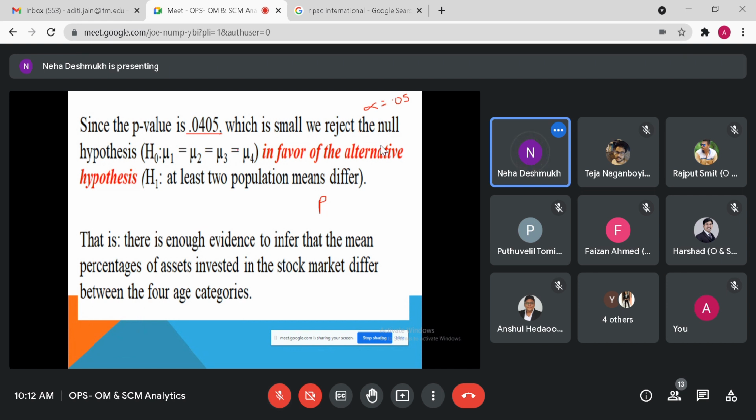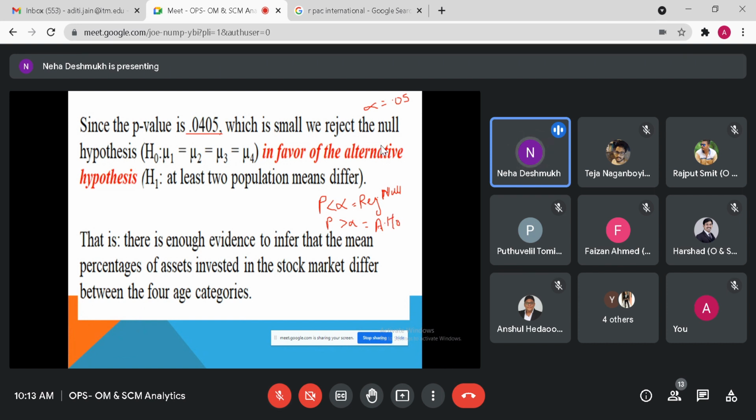So when our p-value is less than alpha, what is our conclusion? It rejects the null hypothesis, right? When the p-value is less than alpha, we reject the null hypothesis. Agree? Yes, ma'am. And if the p-value is greater than alpha, what? Accept H0.